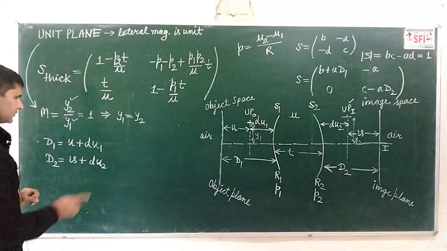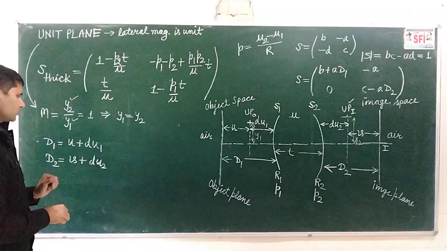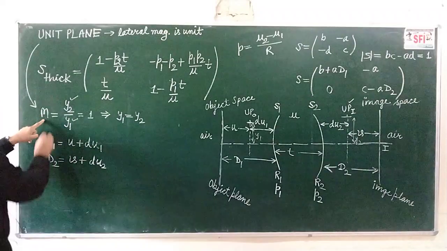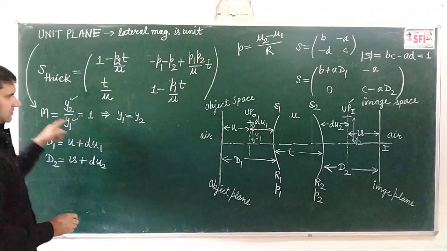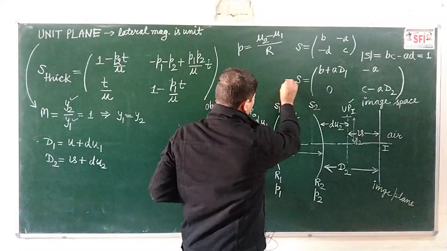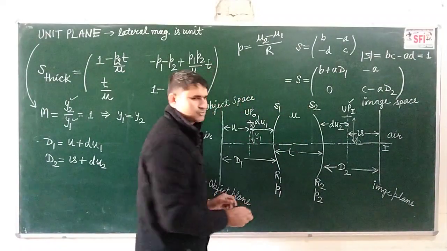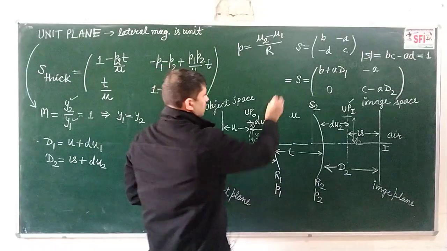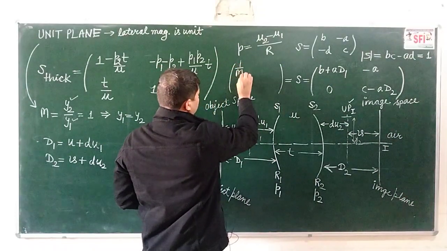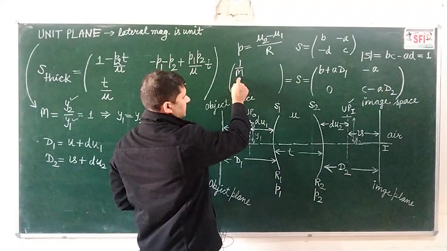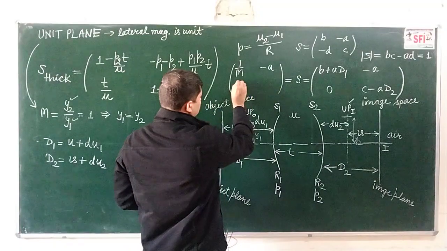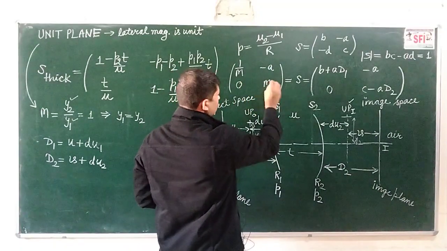Now we will apply this condition here, okay, and here also, and this is magnification. From this matrix, as we have done in the previous lecture on lateral magnification, we have seen that this is equal to 1 by m, where m is magnification, and here you get minus a, here you get 0, and here you get m.